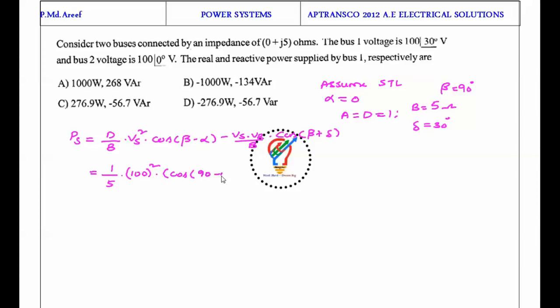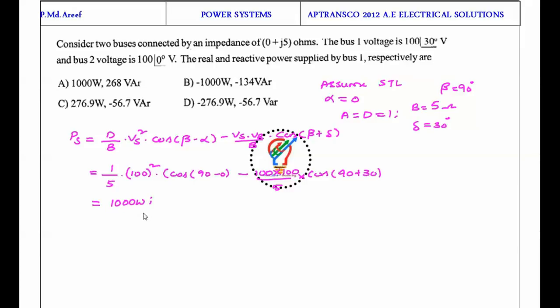So cos 90 minus 0 means 0, minus the supply voltage 100 into 100 divided by B, which is 5, into cos of 90 plus 30. If you solve this entire equation, you will get 1000 watts.